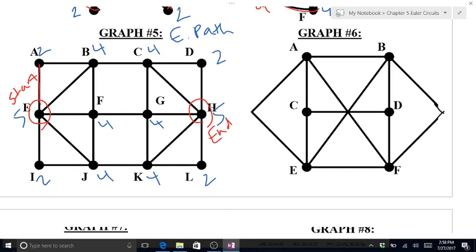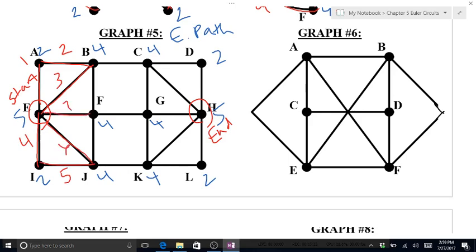So let's go up to A, there's 1, across to B, there's 2. Down to E, there's 3, down to I is 4, across to J is 5, back to E is 6.